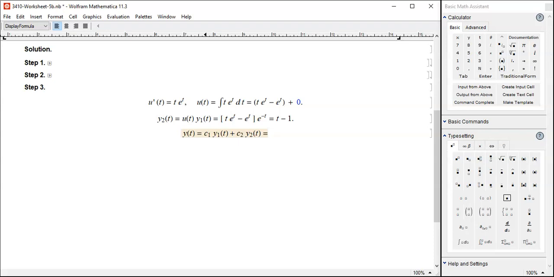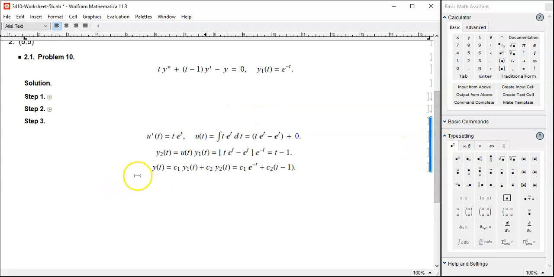And what is y1? It is exponential of negative t. What is y2? As we calculate, t minus 1. So this is a general solution, the final answer. And I'll say that is step 3.